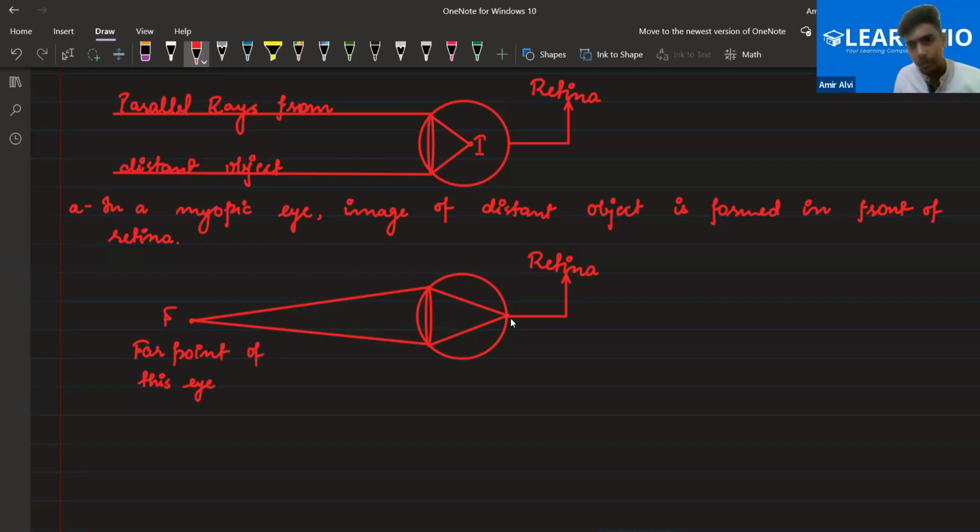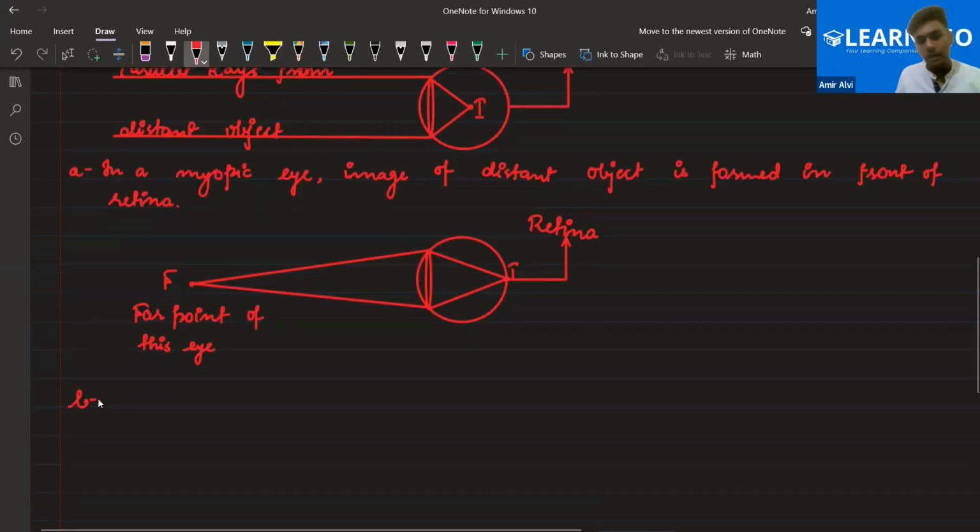So image is formed here. So this image, this is the eye. Okay. So this is the eye, right? So image is formed here. So for the B point, image is formed at the retina, right? Yes, sir.